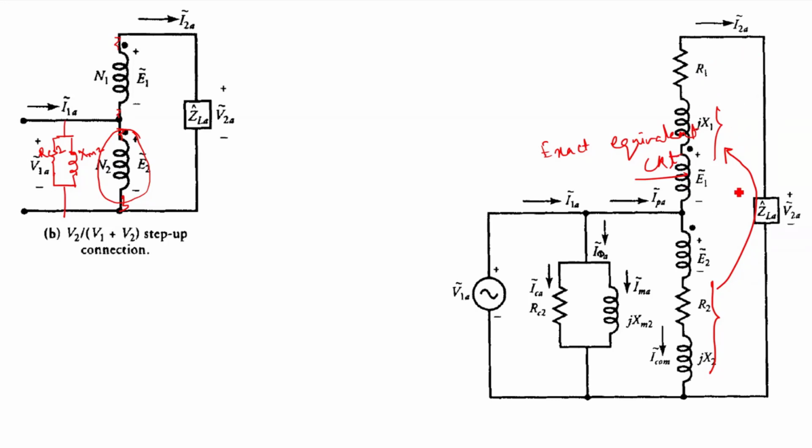Now the whole secondary side parameter will be referred to the primary side. After referring R2 X2, I will get RE1, that is R1 plus a square R2, and XE1 will be X1 plus a square X2. So this RE1 and XE1 will now be in the secondary side of the autotransformer, right?